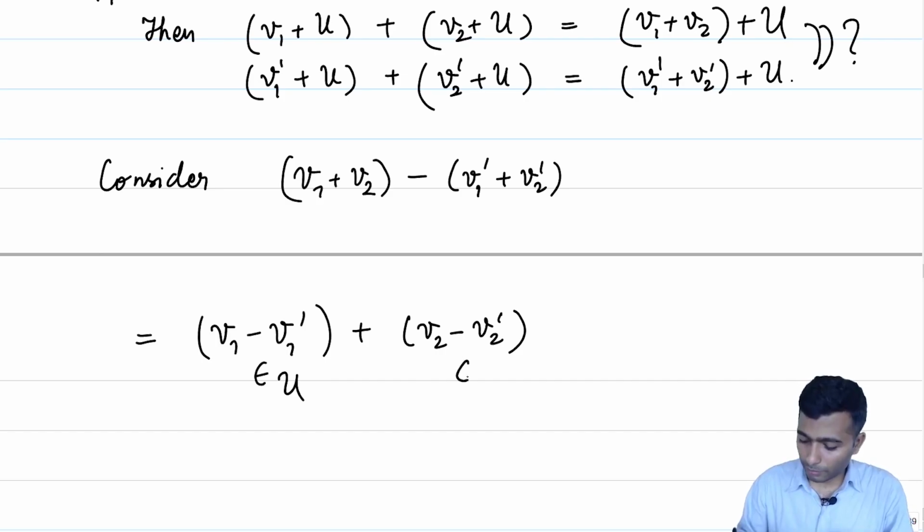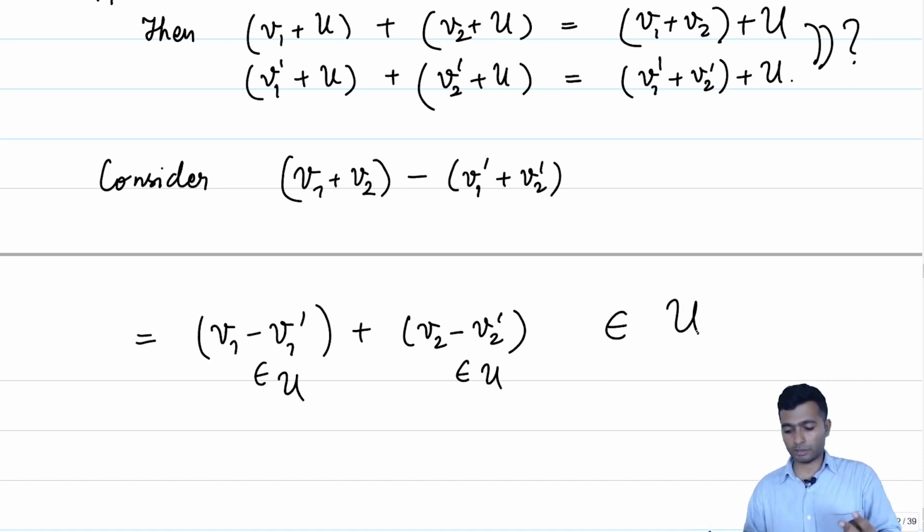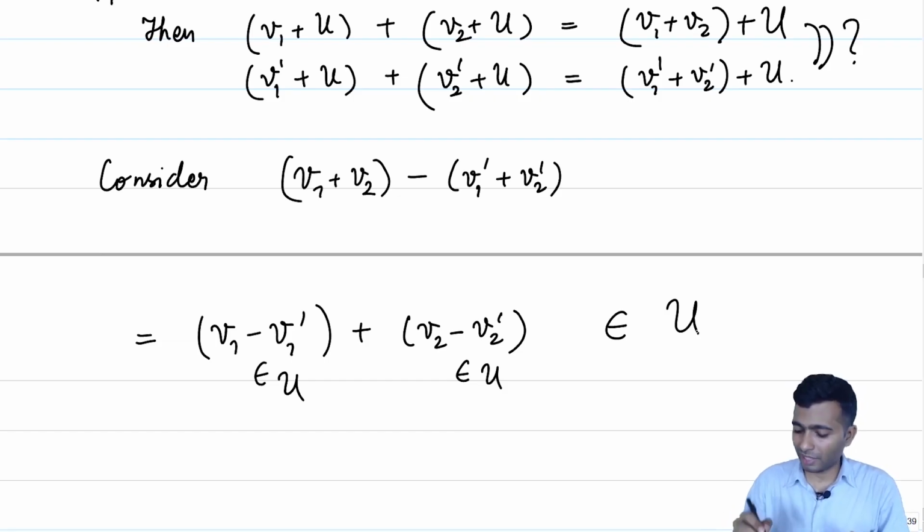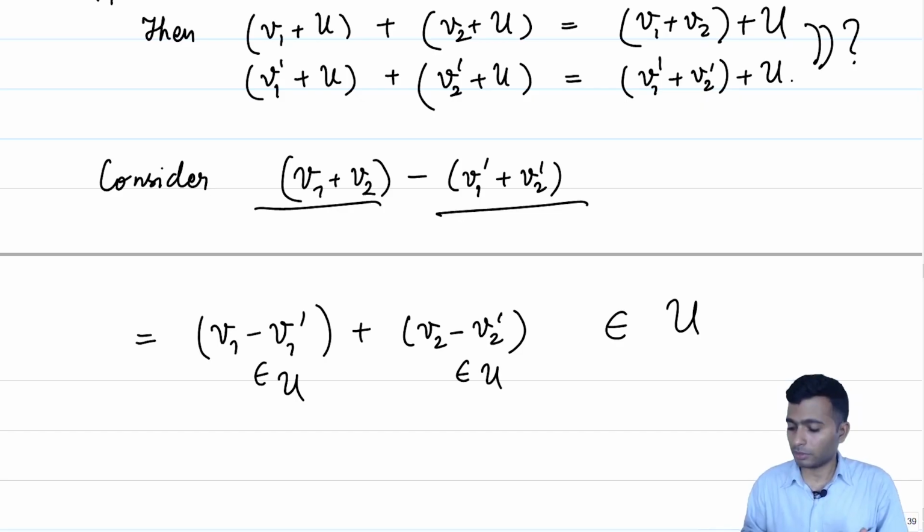Similarly, v2 minus v2 prime also belongs to U, which implies that this is a sum of two vectors in U, which is hence a vector in U. And again, by using the proposition, if the difference of two vectors belongs to U, then the affine subsets corresponding to the two vectors will be the same.